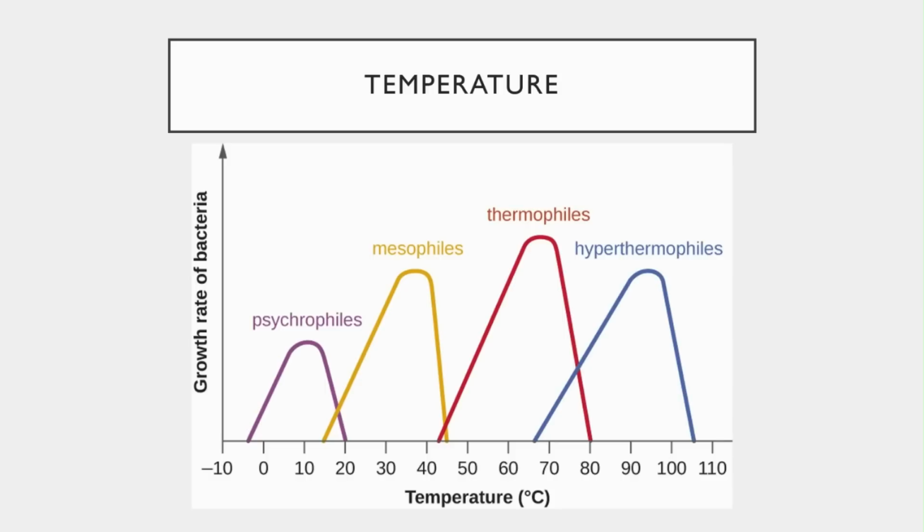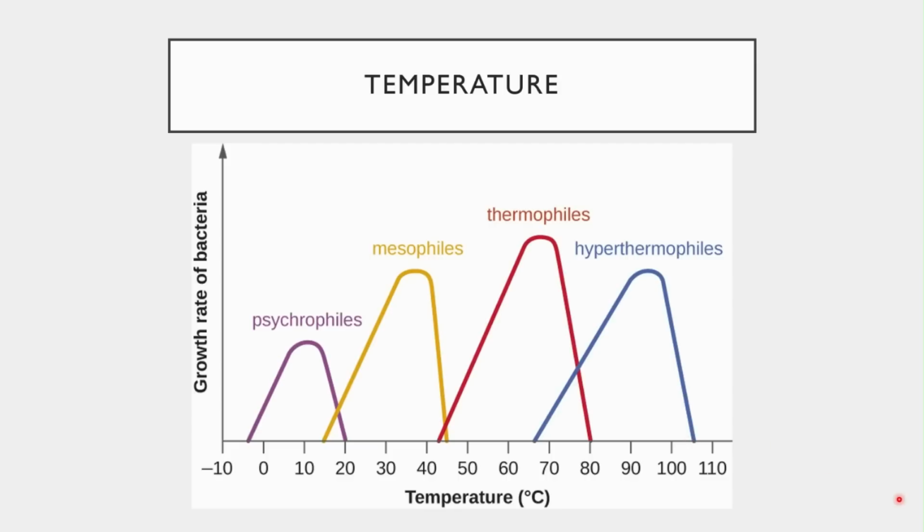Okay, next is the thermophile, which means heat loving. And then we have even the hyperthermophiles, which grow in places like hot springs and hydrothermal vents. Actually, they can grow over 100 degrees Celsius, which is boiling temperature for water. They can even grow in temperatures above boiling.